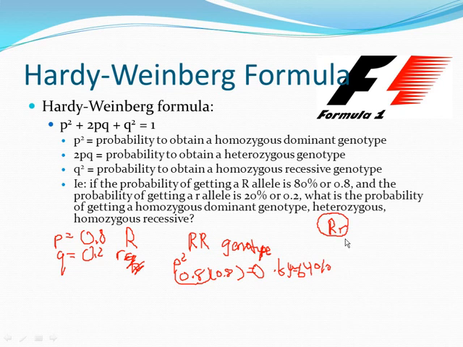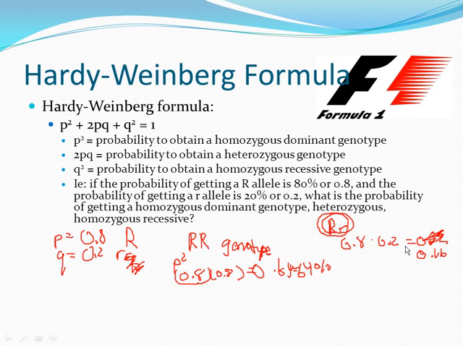It's 0.8 times 0.2, and 0.16. No, that's not 0.32. Yeah. But getting just this genotype is only 16%.